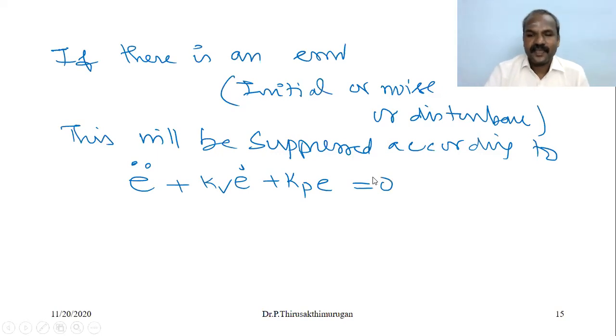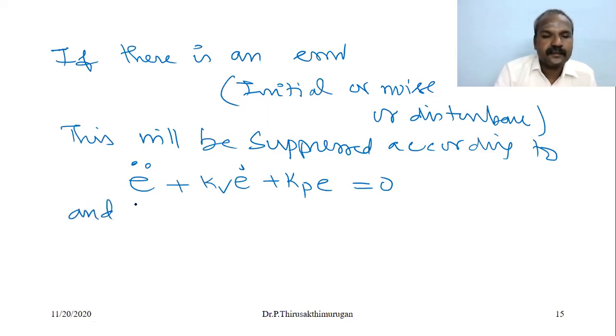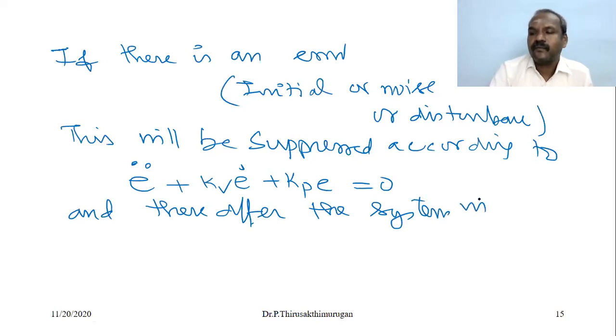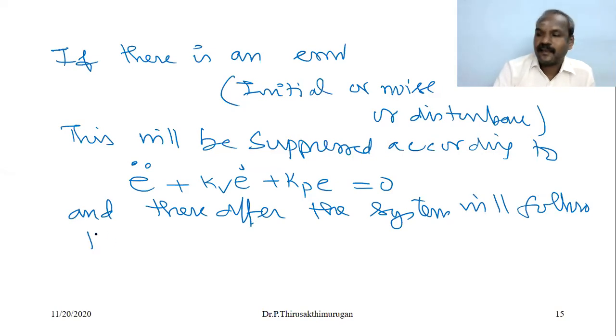Because there is error. If error exists, it is suppressed according to this, and thereafter the system will follow the trajectory exactly.